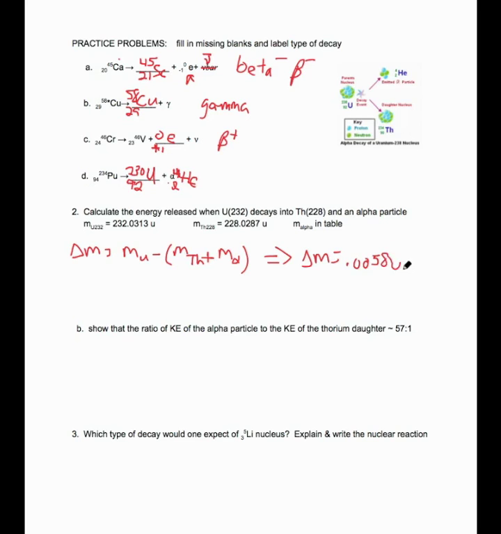0.0058 U. Okay, and then we can use the conversion factor where the energy is equal to the loss in mass times 931 MeV per U, and punch that in, and we get 5.4 MeV.